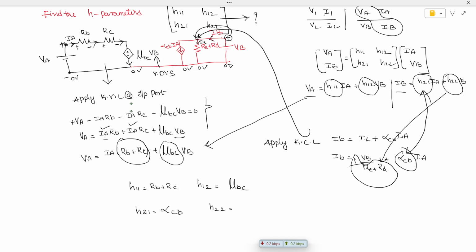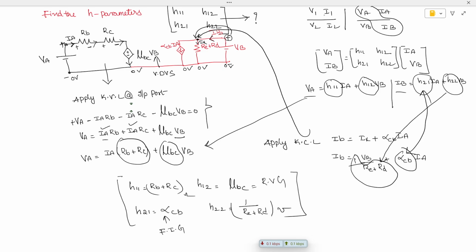H22 is equal to 1 by RE plus RD. Generally, this is in ohms, this is in mhos, and these are the gains. Mu is the reverse voltage gain, and alpha is the forward current gain.